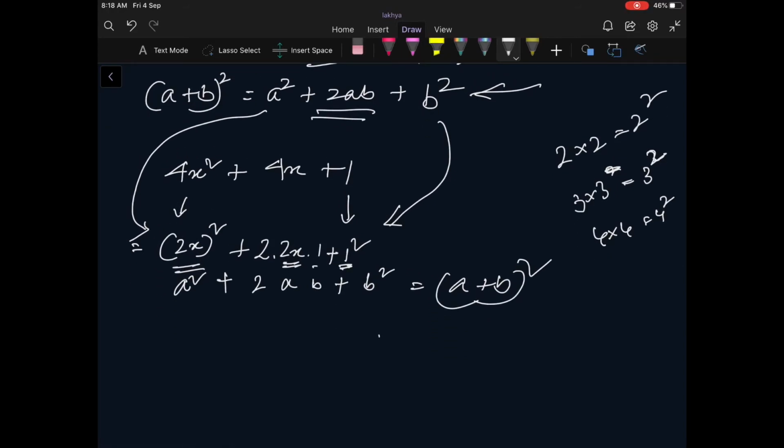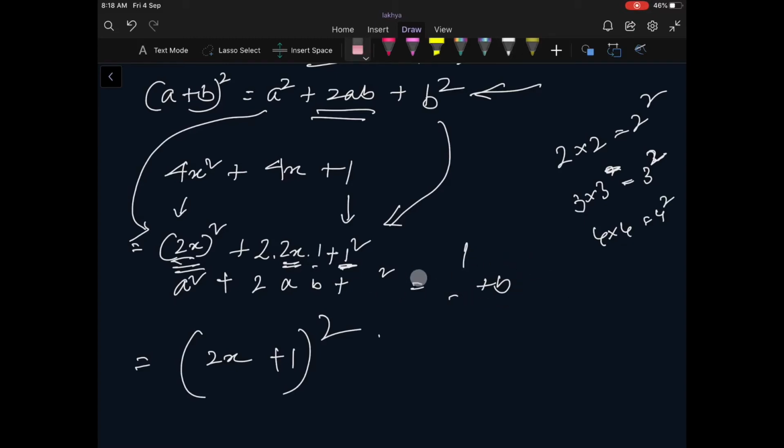So here you see, instead of a we have twice x, so you can write twice x instead of a, and instead of b you can write 1. So (2x + 1) whole square. That's how we can factorize such kind of polynomials using this identity, (a + b) whole square.